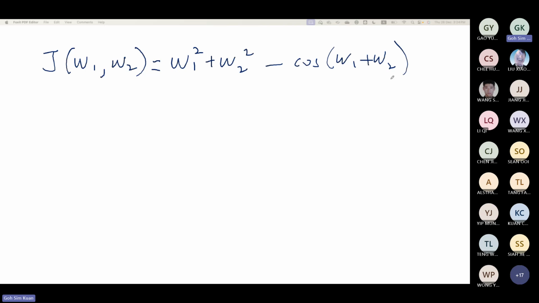Let's say you are given an initial value for W1 and W2, very similar to the assignment 4 that you are working on now. Let's say W1 is initialized to be 1, W2 is initialized to be 2.